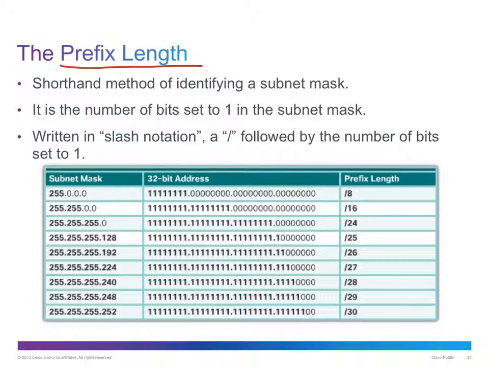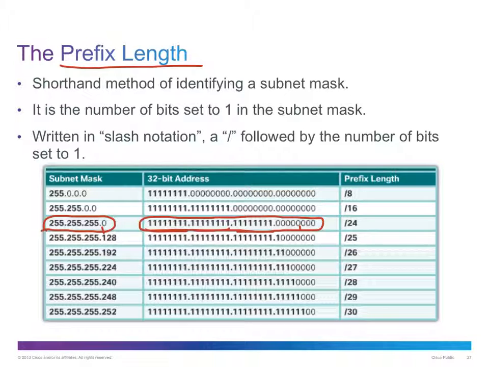Prefix length is another way to represent the mask. So we just looked at the example of this mask, which is this. 255 is all ones, if you calculated that out. So we got 255, 255, and then 0, which is all zeros.